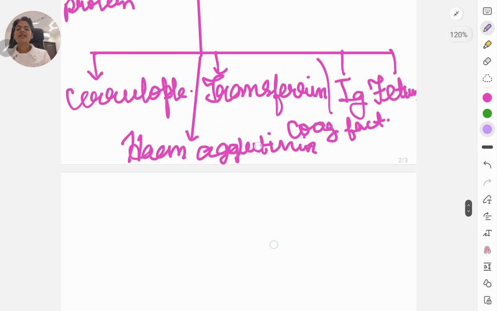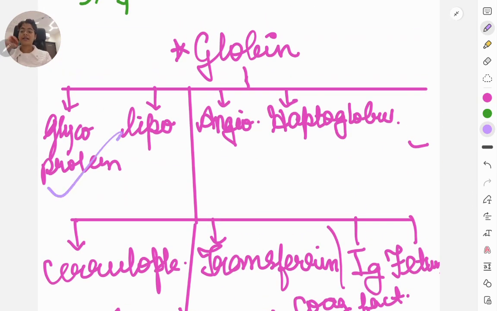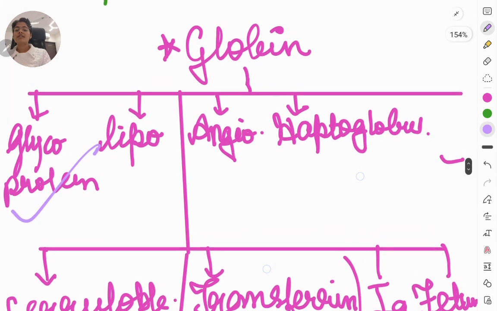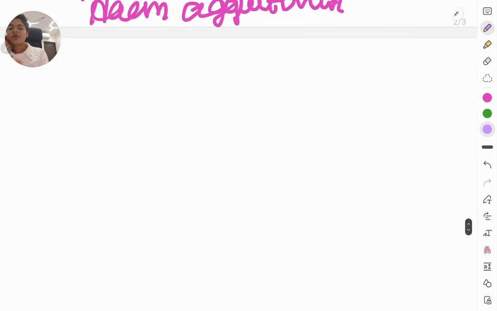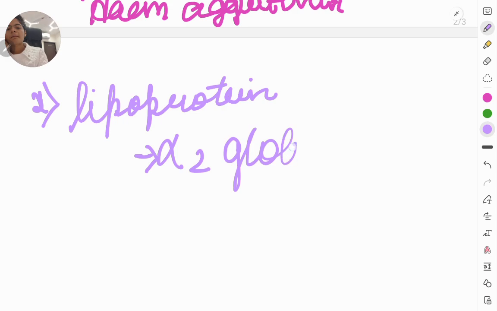Now let's see glycoprotein. We have seen on the cell membrane there was glycoprotein also. Even there was lipoprotein. Lipoprotein has many forms. Lipoprotein is formed from alpha 2 globulin plus lipid.